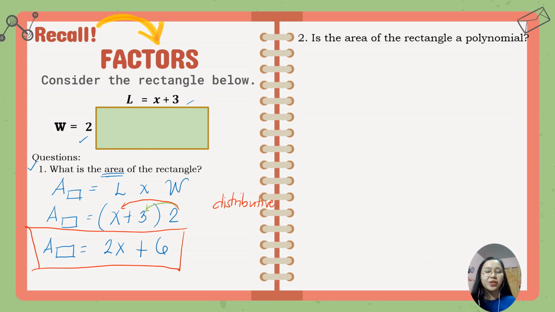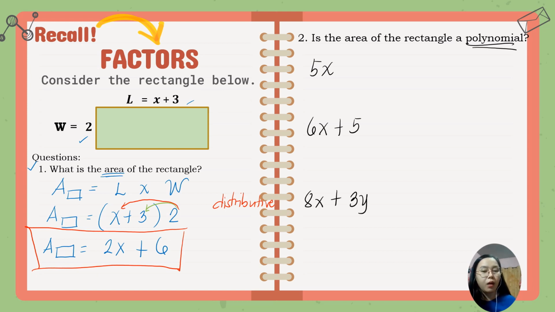So, is the area of the rectangle a polynomial? Review tayo ng polynomial. What do you mean by polynomial? One example of a polynomial is 5x. Also, 6x plus 5 is also a polynomial. 8x plus 3y minus 1 is also a polynomial.